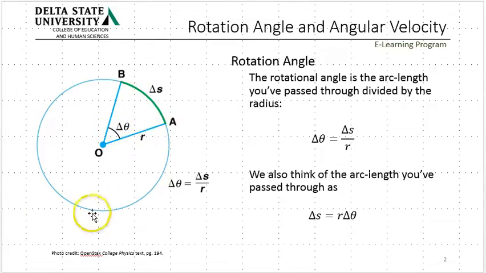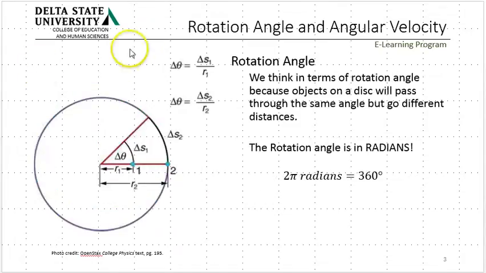So next time you have a pizza, you can measure from the center of the pizza out to the edge, and based on how many slices there are, dividing that into 360, you can calculate what the outer length is on your slice of pizza. When we think in terms of rotation angle, we also often think in terms of 360 degrees.